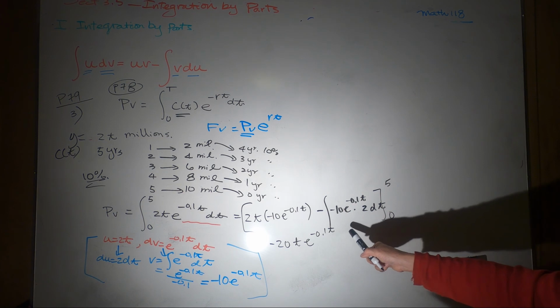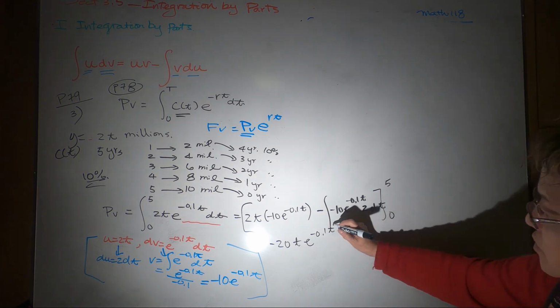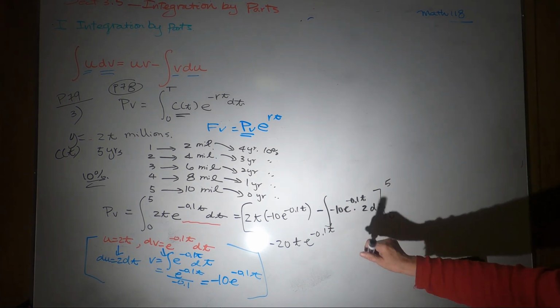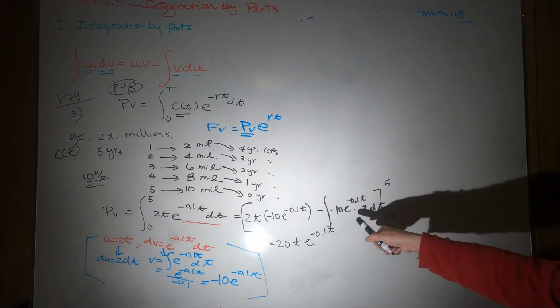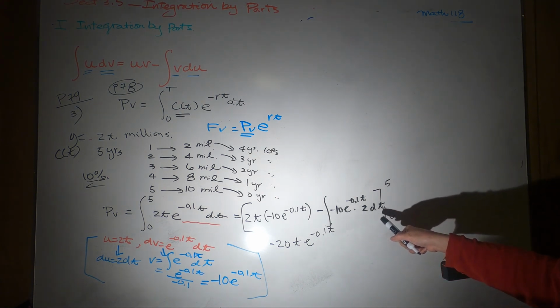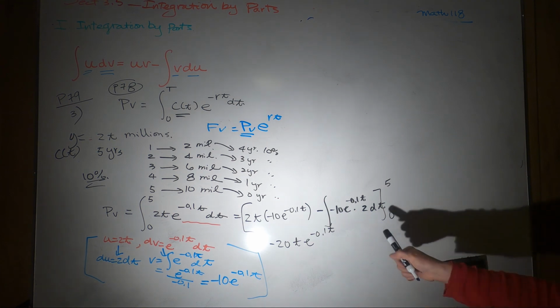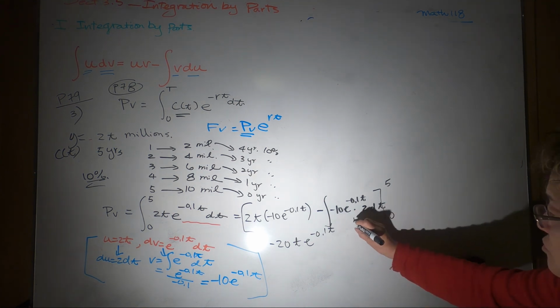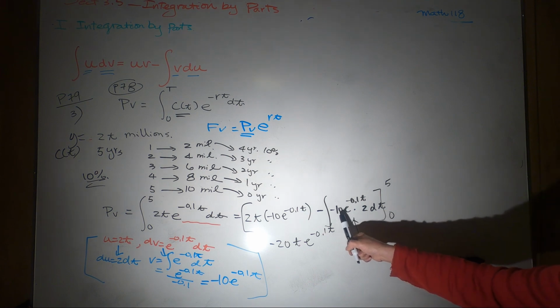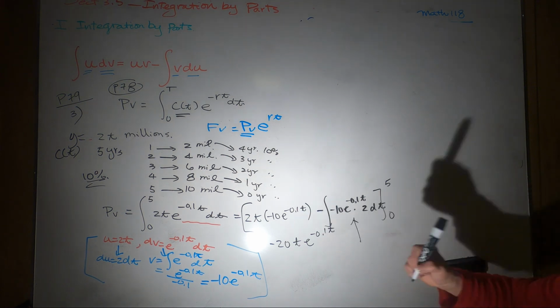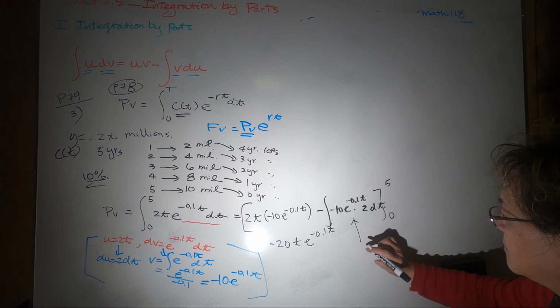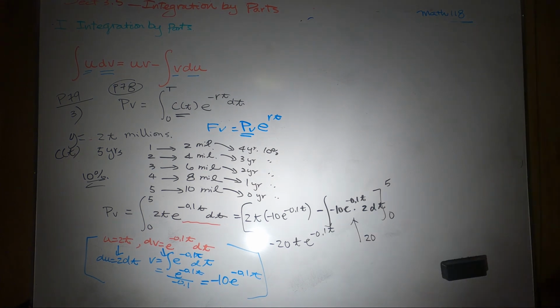And here, let's see, integral of this. You need to take integration of this first, okay? So that would be what? This one, you take a negative 20 out, so it would be positive 20.